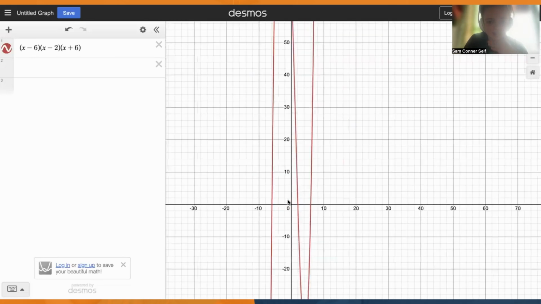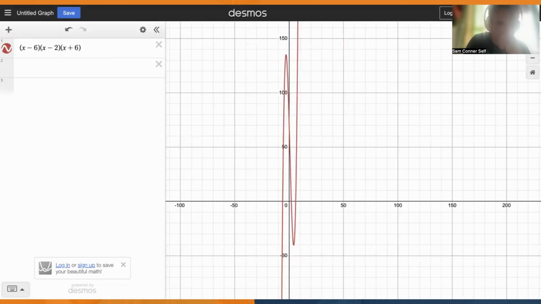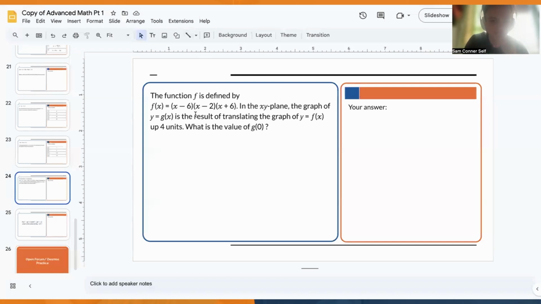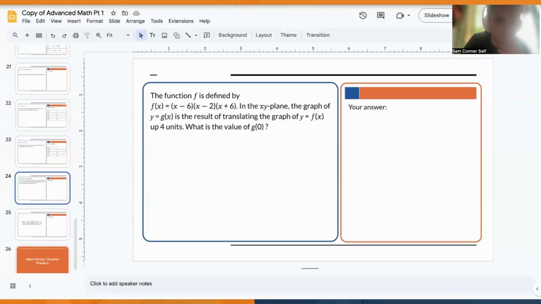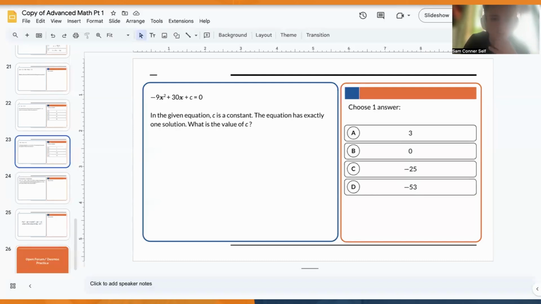And then they say that it is going to be translated up 4 units. So when we look at Desmos, that is going to be, yes, I can go back to the last one.